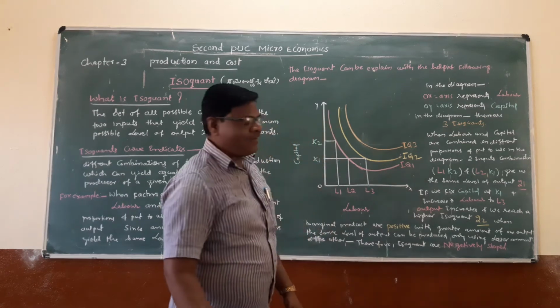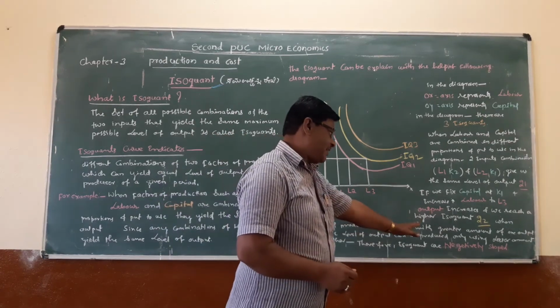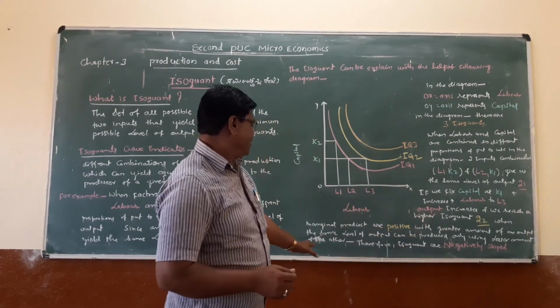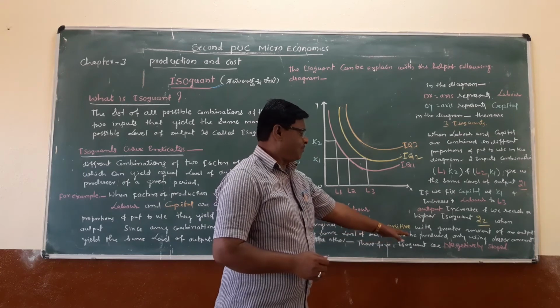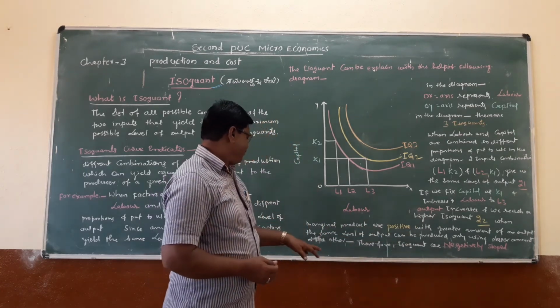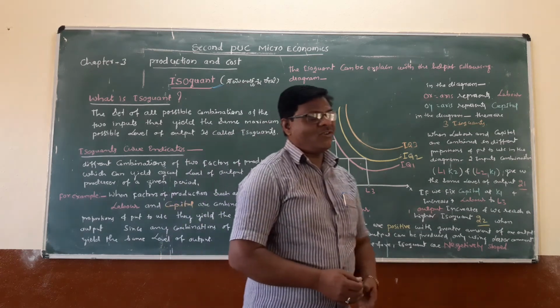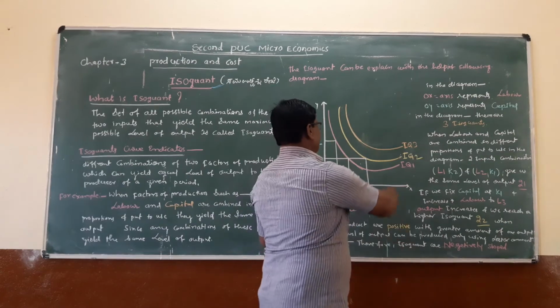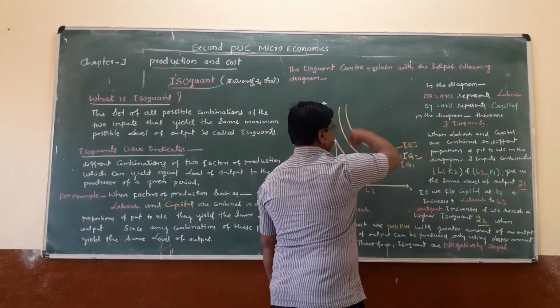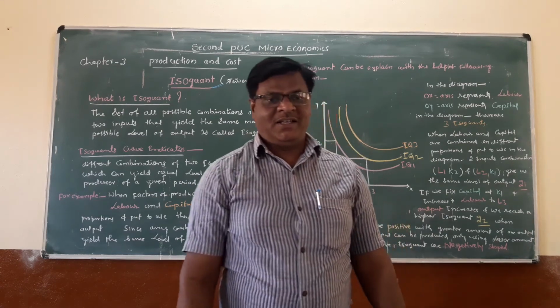When the marginal products are positive, with a greater amount of one input, the same level of output can be produced only using a lesser amount of the other. Therefore, the isoquant curve slopes negatively.